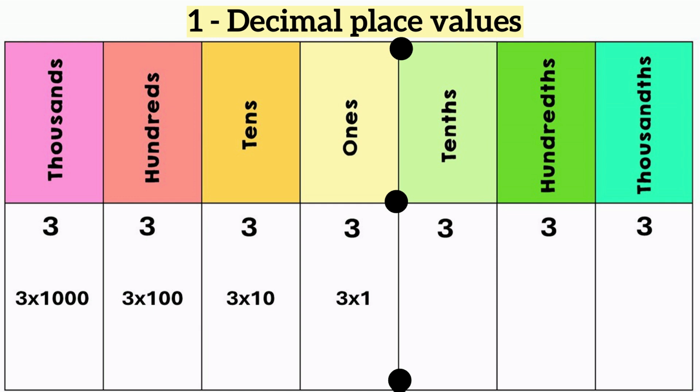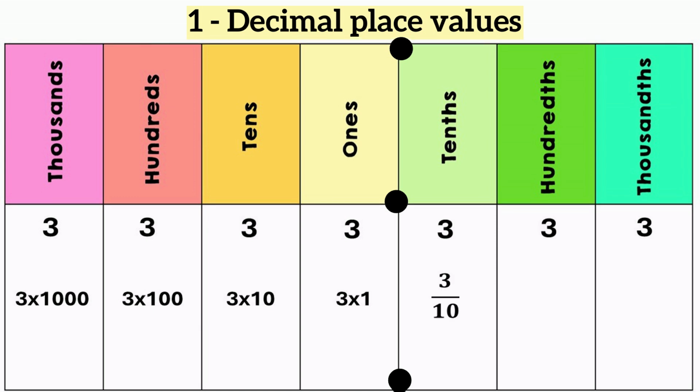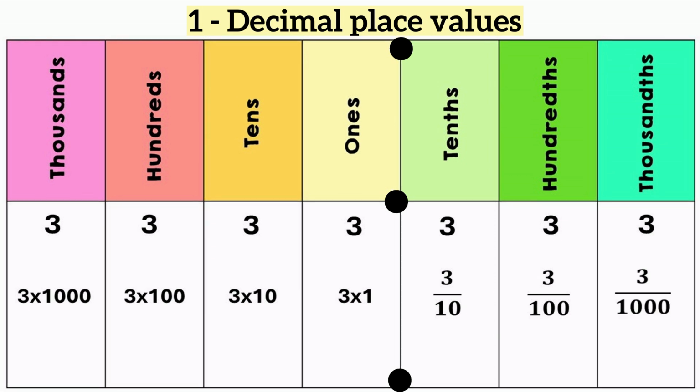Now, after the decimal point, the first 3 after the decimal point is 3 divided by 10, which is 3/10. The one after is 3 divided by 100, that is 3/100. Then the last is 3 divided by 1,000, that is 3/1000. As you can notice, the place values for all the digits after the decimal point involve division.